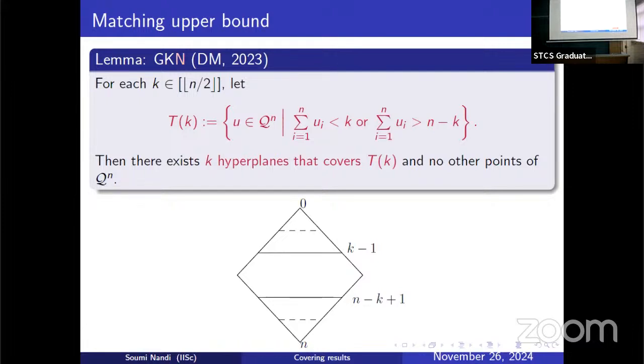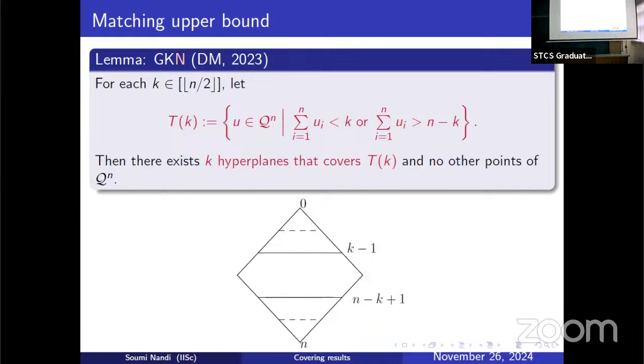What is happening? The interesting thing is that you can take any point from layers 0 to k minus 1. It will have at least n minus k plus 1 many zeros.